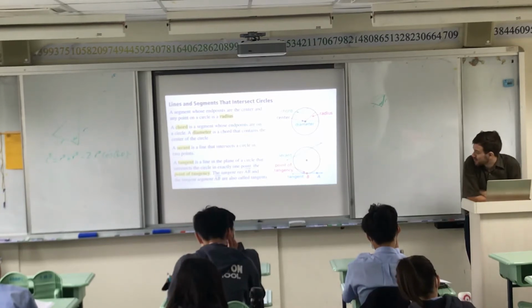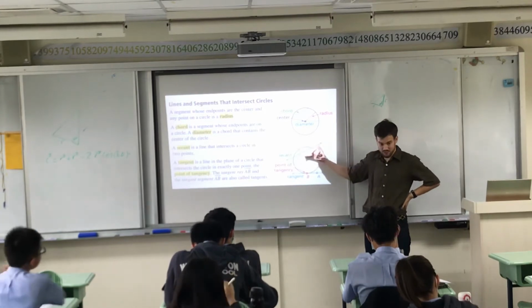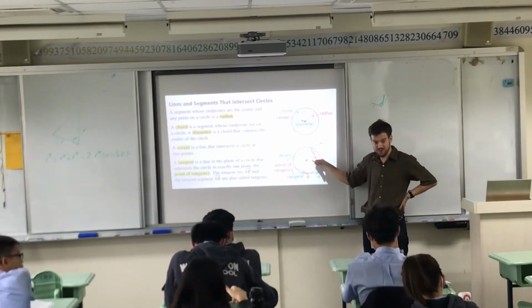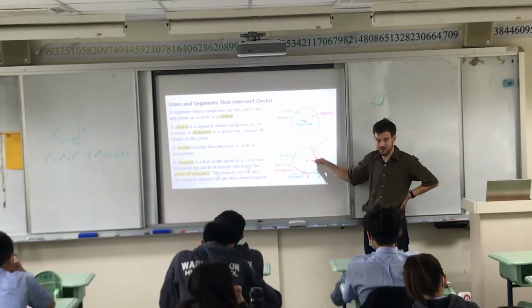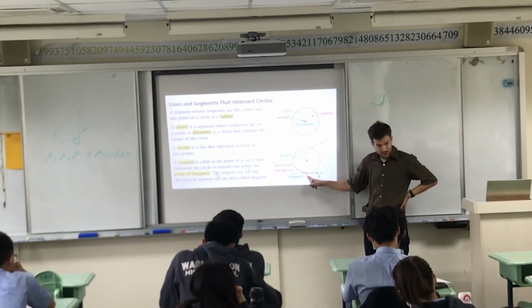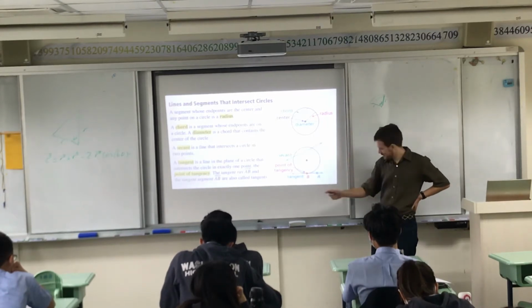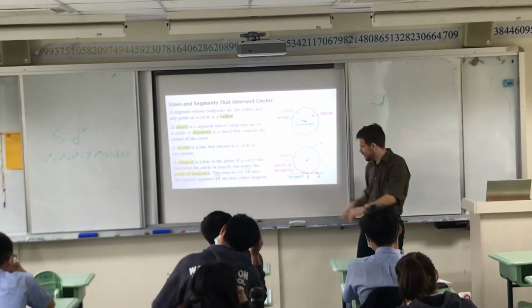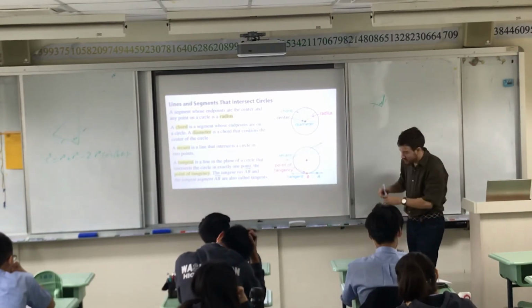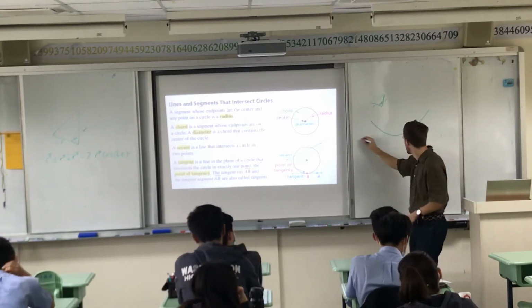Tangent. So, again, a secant is a line that cuts through a circle twice. It intersects a circle two times. Most lines are secants. But if I draw a very special one that touches exactly once, it just barely touches it. If I zoom in at that point, it's going to look like this. Here's the circle.